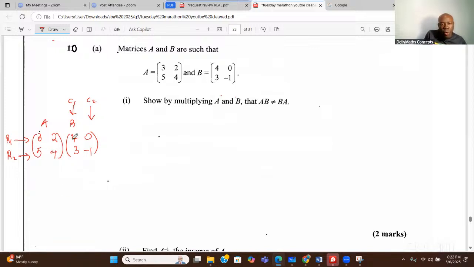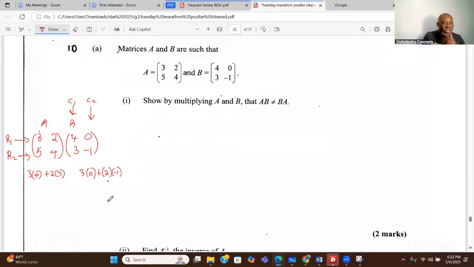So row by column, row 1 with column 1: it's going to be 3 times 4 plus 2 times 3. We just did row 1, column 1. Now we go row 1, column 2: 3 times 0 plus 2 times -1.